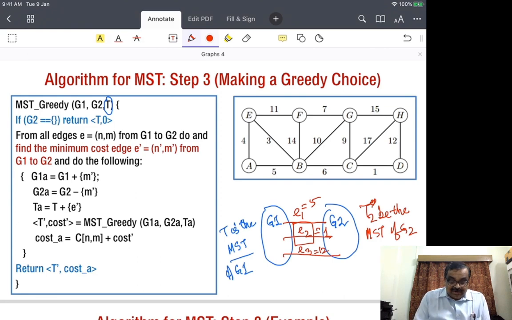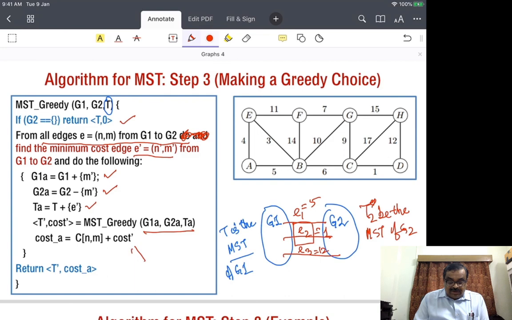So how does the algorithm pan out? The base condition remains the same. All we are saying is that from all the edges from G1 to G2, find the minimum cost edge E dashed from G1 to G2 and just include that in G1, remove that from G2, and recursively call it this way.